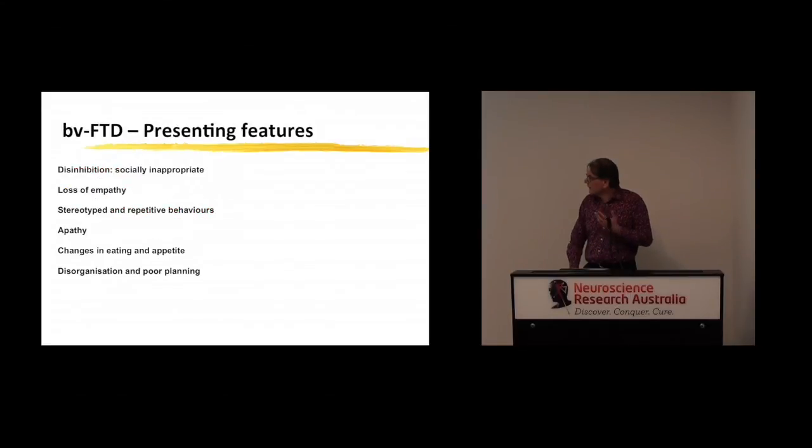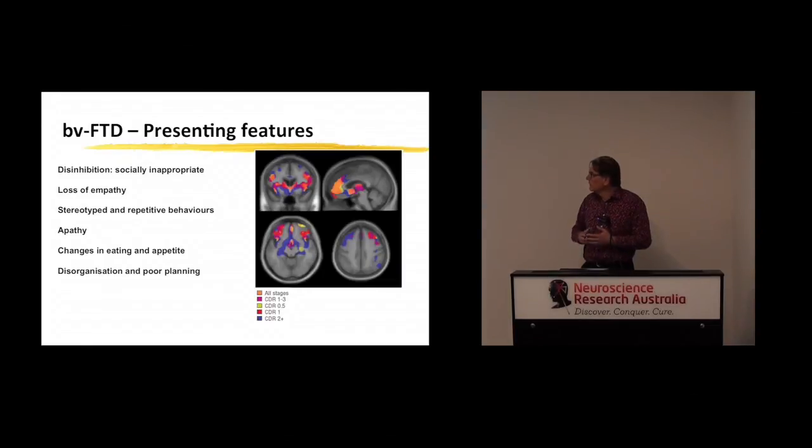So I've talked about these key behaviours, and we've been mapping these to areas of the brain. And most of them you can relate to key structures in the brain that are shrinking early in FTD. And these areas are on the inner part of the frontal lobe of the brain, which is very important for inhibitory control.